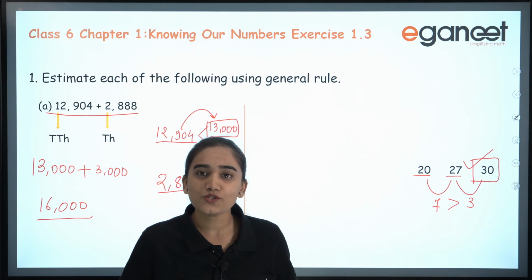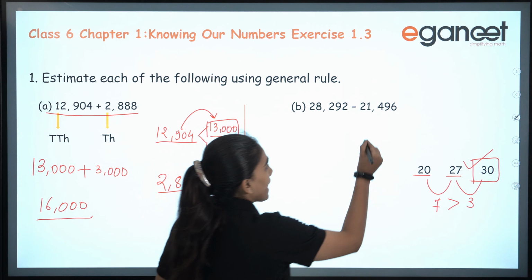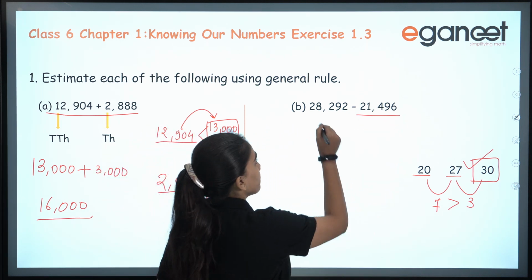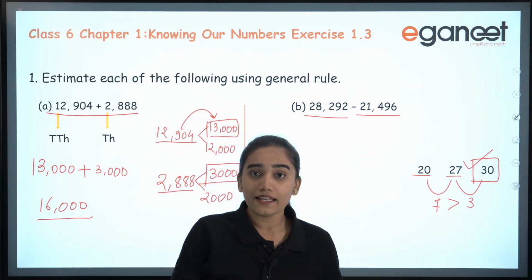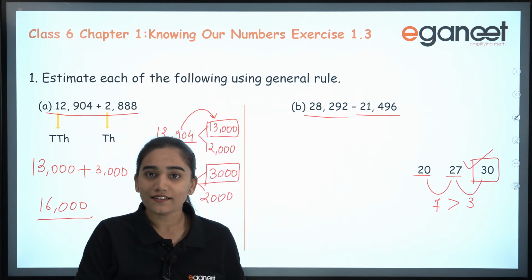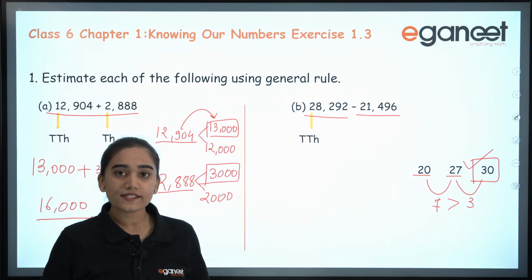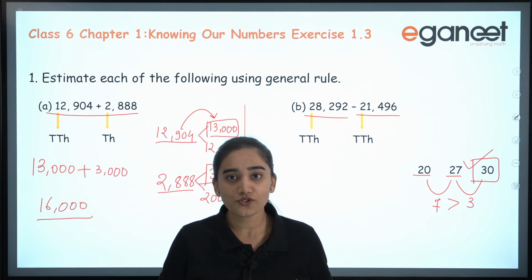So let us quickly solve one more question. Now here you need to subtract 21,496 from 28,292. Let us first compare the correct place values. So here the place value of 2 is 10,000 and the place value of 2 is again 10,000.